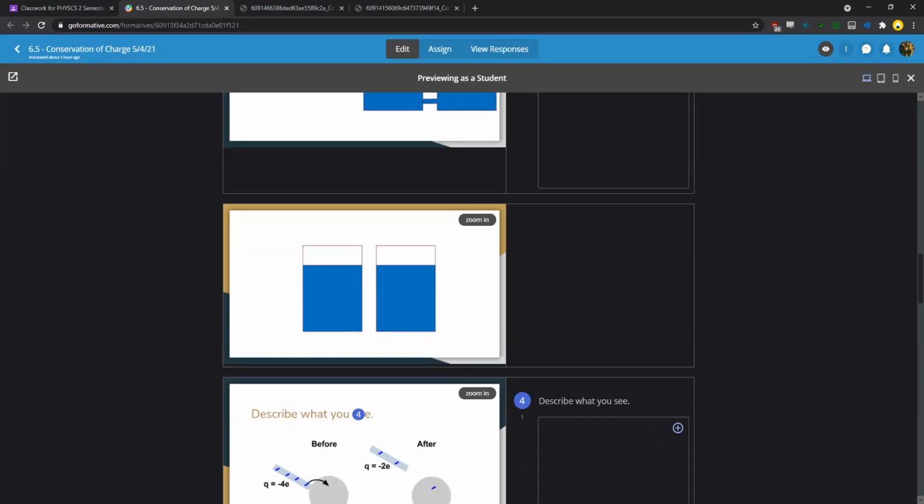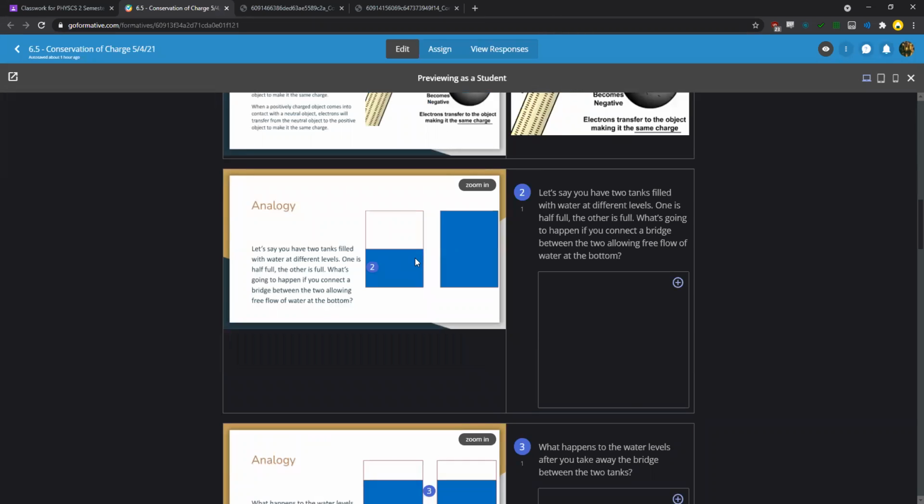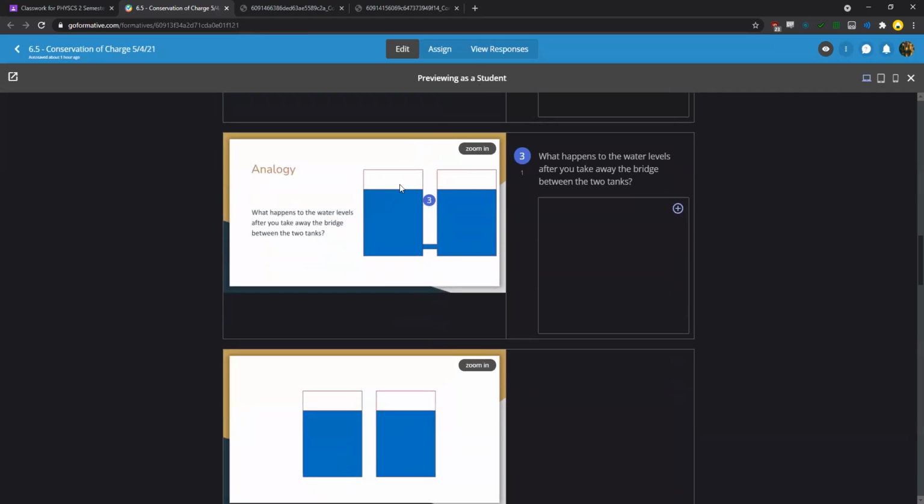Because if there's no gravity, then nothing will happen. The only reason why this happens is because there is gravity. Gravity is pulling the one that has more water down, and that's why they even out. Also, we're pretending that these tanks are open to the air, because if they weren't, nothing would happen because there's air pressure. So we're pretending that they're open air tanks.